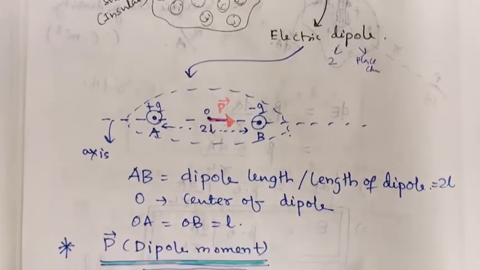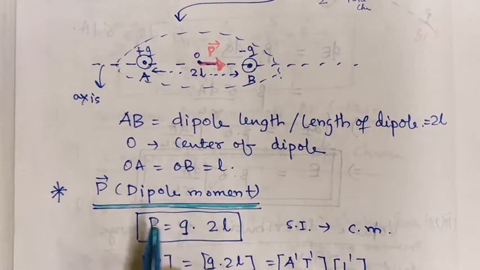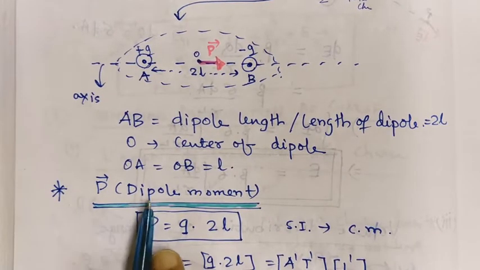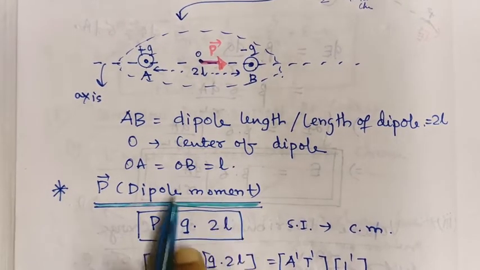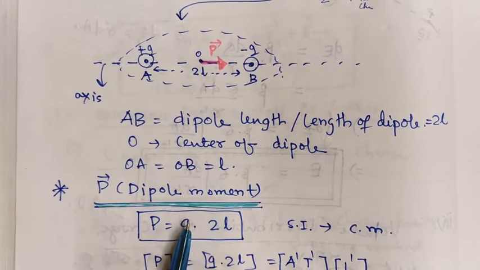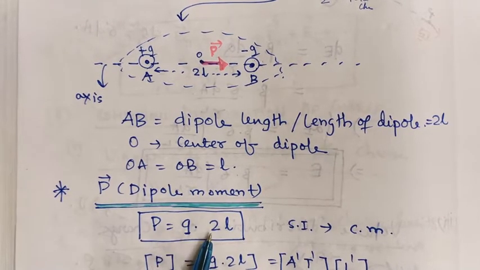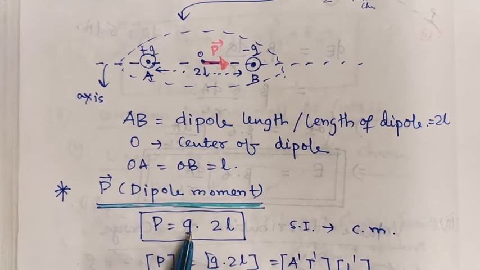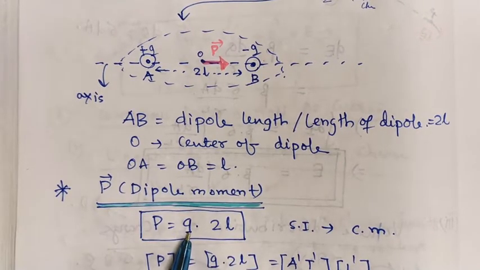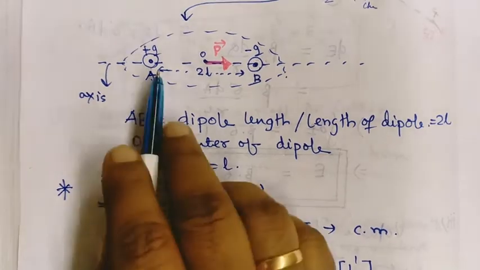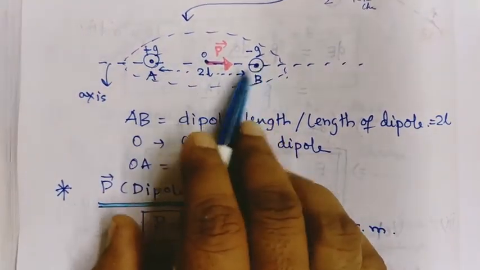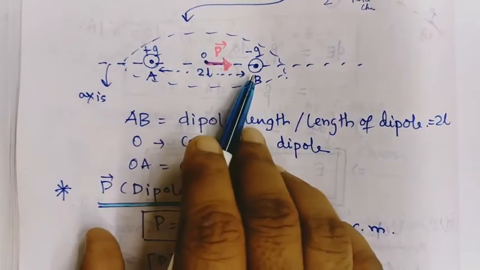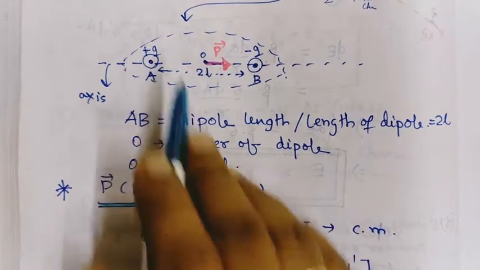Some factors attached to this dipole we have to discuss. First, we have to discuss the dipole moment. What is the dipole moment? How is its magnitude calculated? Its magnitude is calculated as the product of the charge of each pole of the dipole. In the dipole there are two charges, plus q and minus q. The total charge of the dipole is 0, but the charge of each pole is q.